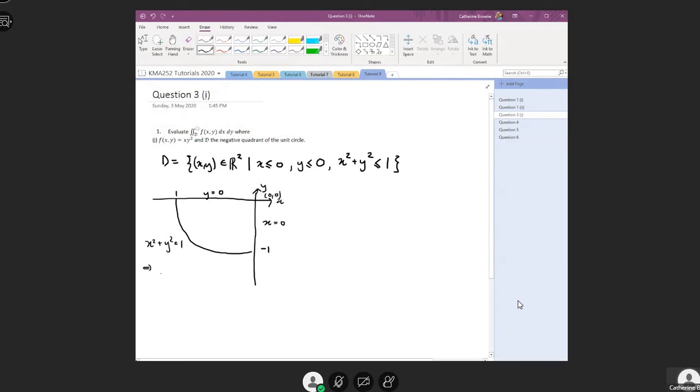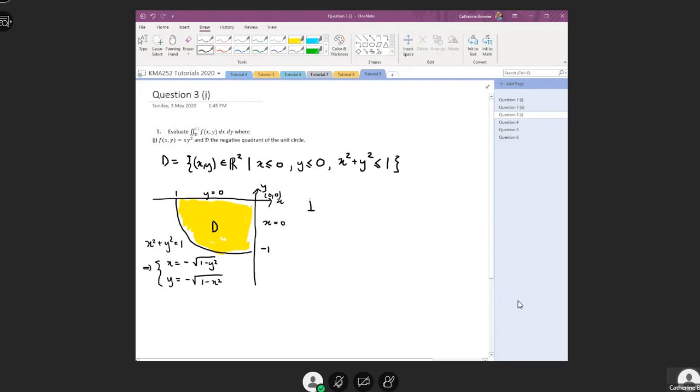So we either get x equal to minus the square root of 1 minus y squared, because we're in the negative quadrant, or y equal to minus the square root of 1 minus x squared. And this is our region D. Does that make sense to everyone?